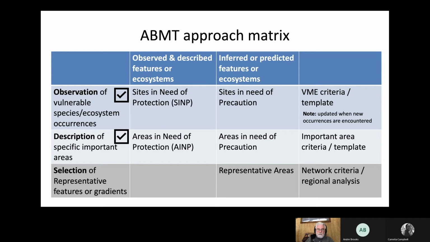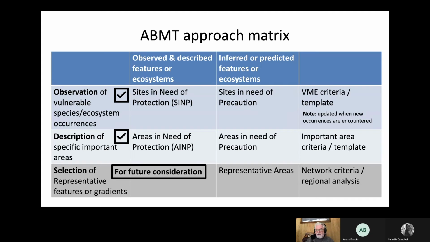The second group were descriptions of specific important areas. These were areas in need of protection, but also could be areas in need of precaution. And these were implemented using important area criteria and templates. The third type, which would be more what we think of as representative areas, these were not considered fully.